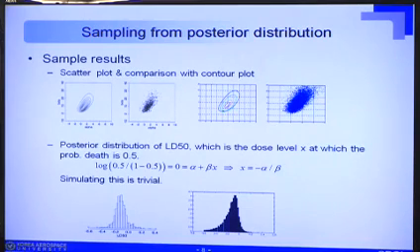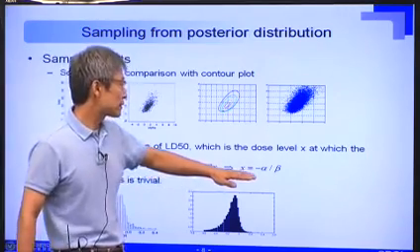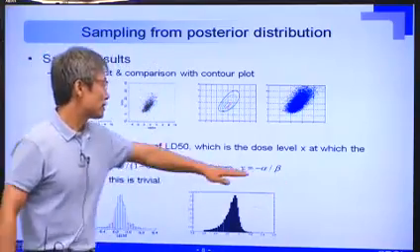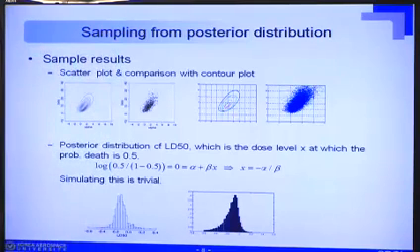And in the textbook, there was a posterior activity about finding out LD, so-called LD50, which is the dose level x at which the probability of death is 0.5. And according to the definition, this is to find x at this equation, minus alpha divided by beta.